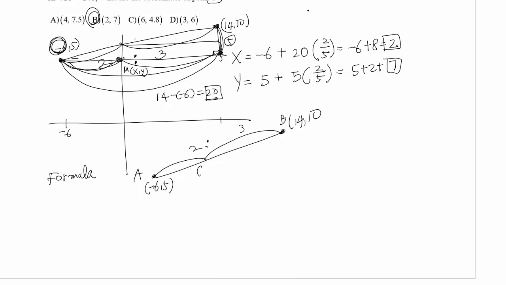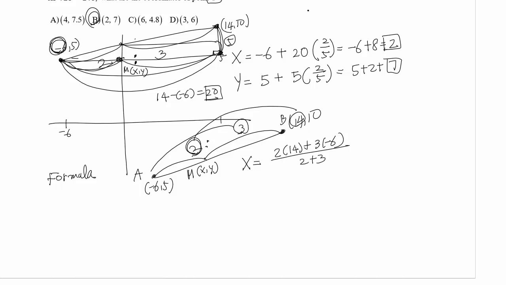The formula, this is point M, x and y, okay? So x can be obtained how? 2 times 14, the other x coordinate, okay? So 2 times 14 plus 3 times the other coordinate, 3 times negative 6, and over the sum of these two ratios, 2 plus 3. Yeah, that is the x coordinate.